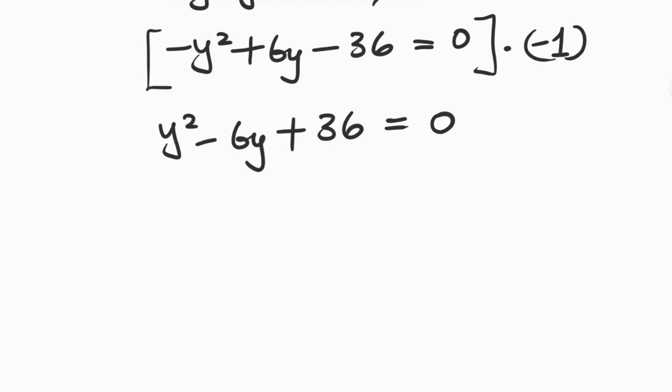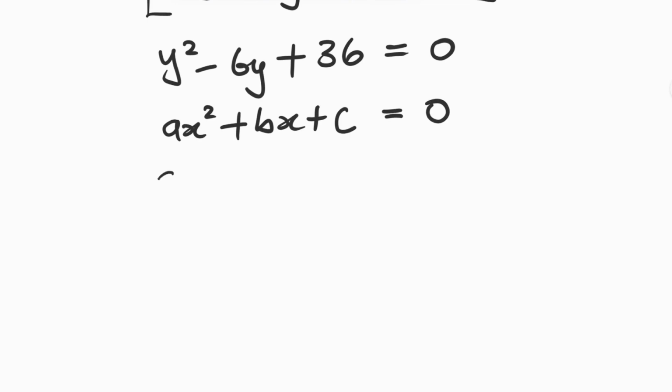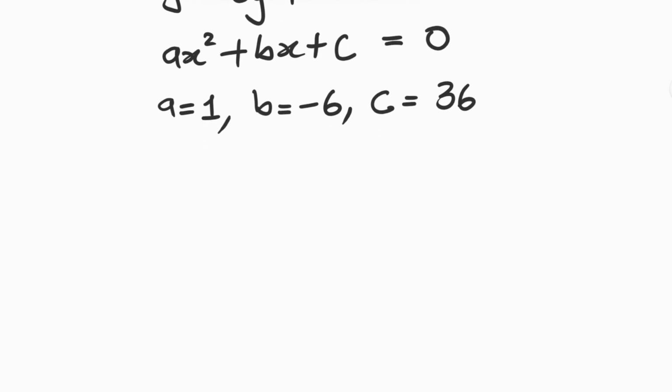Now, this is in the form of ax squared plus bx plus c equals 0, where our a is equal to 1, our b is equal to minus 6, and our c is equal to 36.